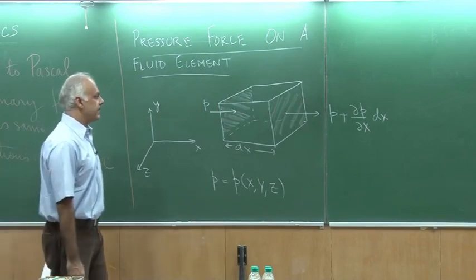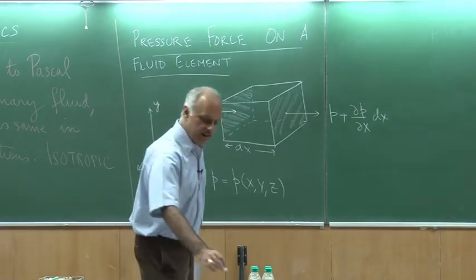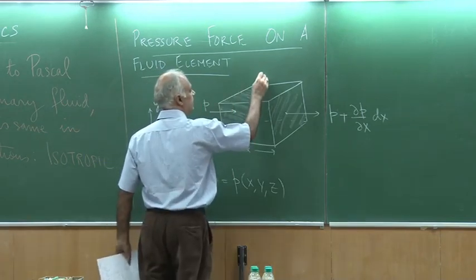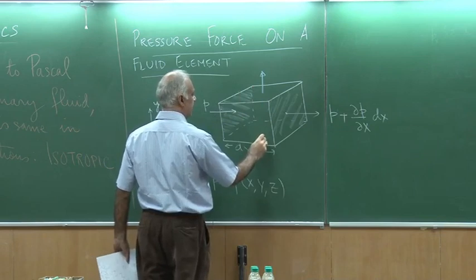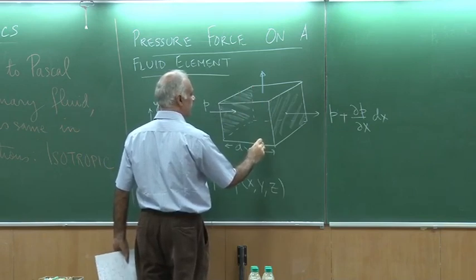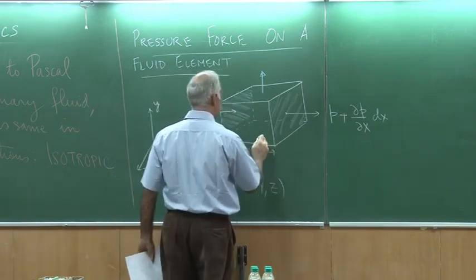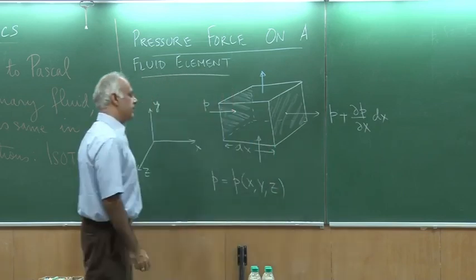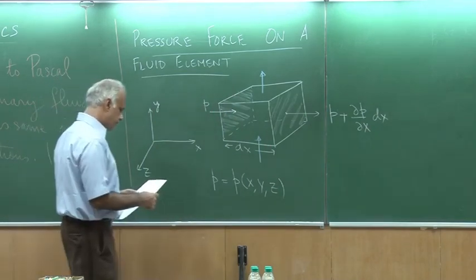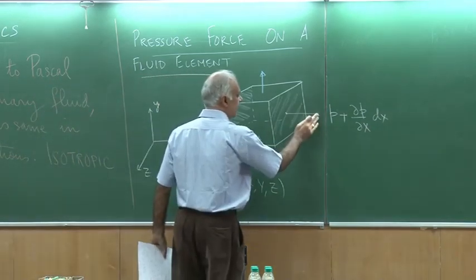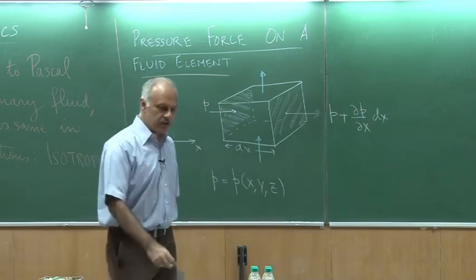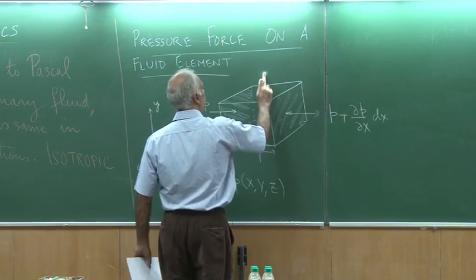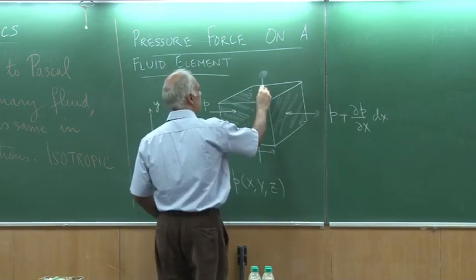Okay. Similarly, I could talk about a pressure on this face over here, and I could talk about a pressure on this face. In fact, I have made an error in the direction. As I showed you, pressure is inward, so this pressure should be like this, and I am sorry, this pressure should be inward.